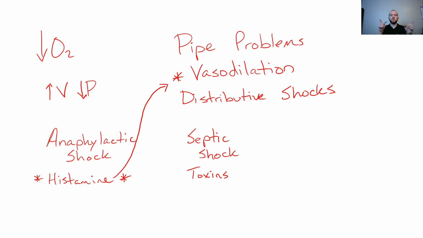You can almost think about it as like poking little holes in the walls of the blood vessels. It just damages those blood vessels, and those blood vessels just get weaker and weaker and weaker, and they start opening up, right? So those toxins start damaging the blood vessels, which start to cause our vasodilation.